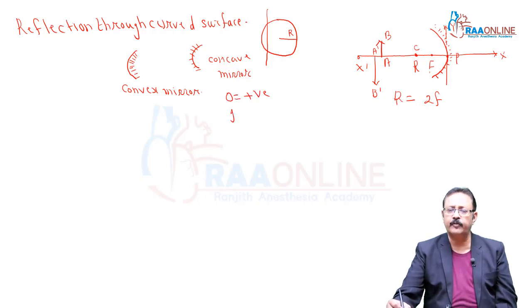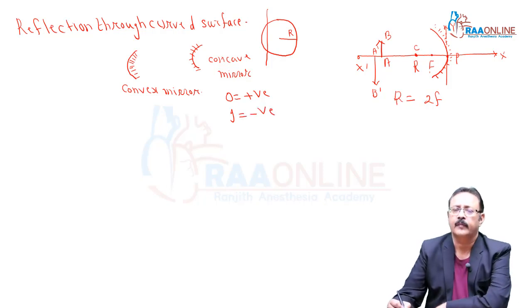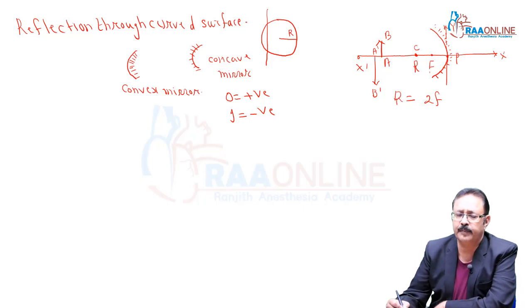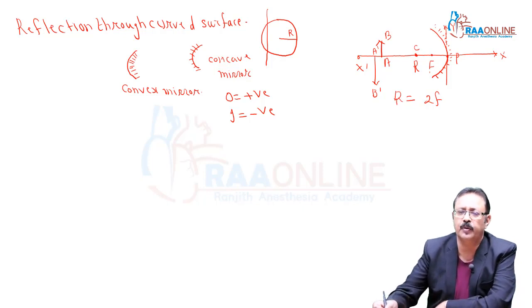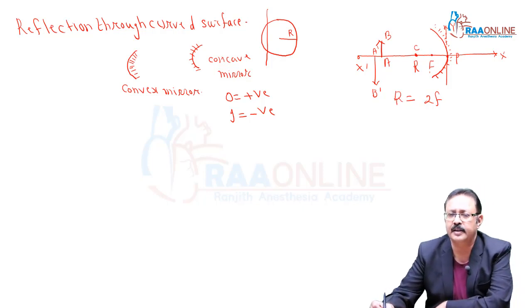In this case, the length of the image is negative. Object distance means from P to the object. This distance is known as object distance, denoted by U. From pole to image, this distance is known as image distance.